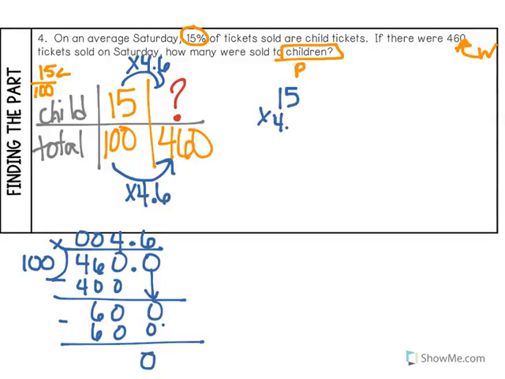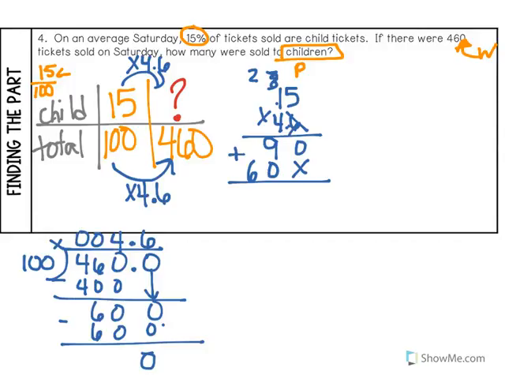15 times 4 6/10. 6 times 5 is 30. 4 times 5 is 20. 4 times 1 is 4, plus 2 is 6.